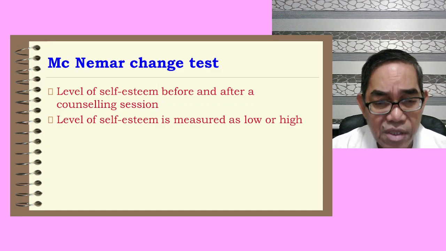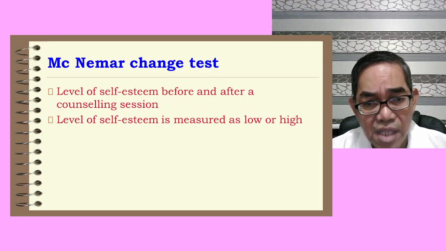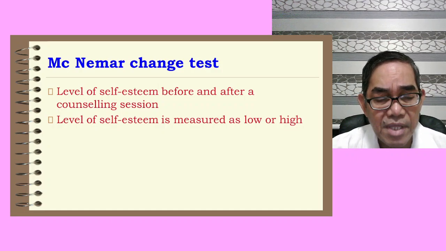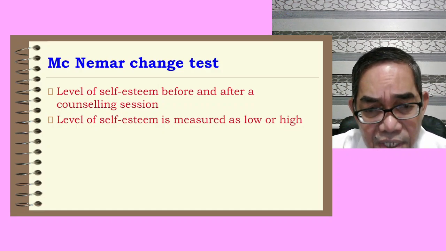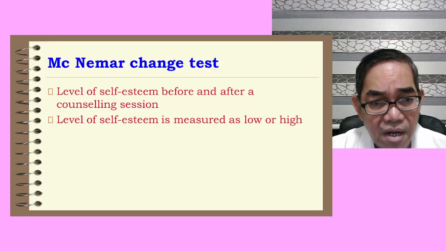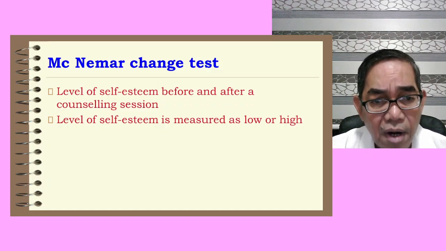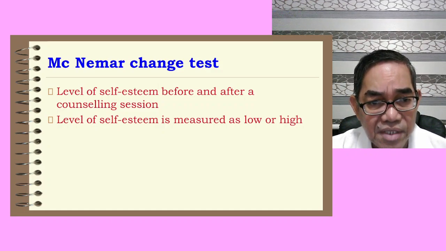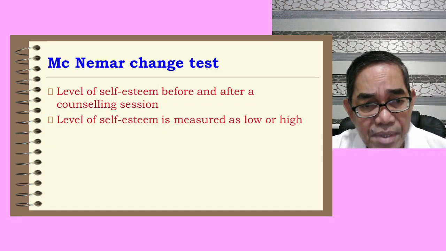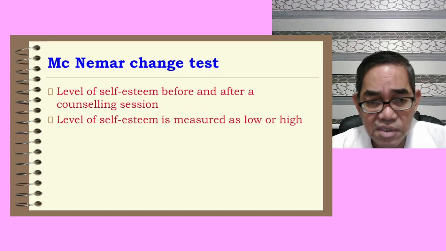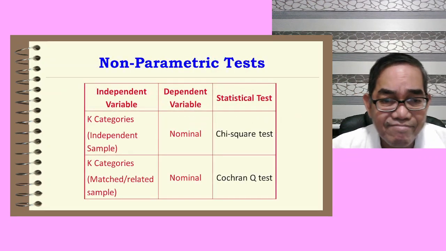So you compare the number of people who have low or high self-esteem before and after. So this is nominal, low or high is nominal, and so the statistical test to use is the McNemar change test.